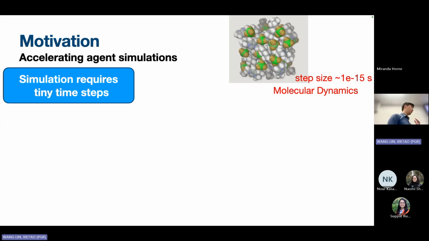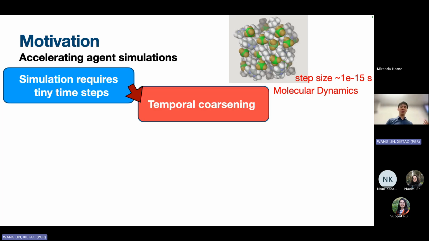So we wanted to use machine learning in order to speed this up. This data-driven model needs to skip integration time steps, or take larger time steps. We call this temporal coarsening.